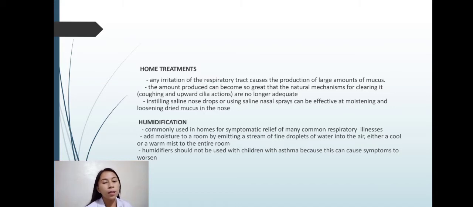And now, the inhalation devices. Different types of inhalation devices can be used to deliver medications to the lower respiratory tract. Nebulizers are mechanical devices that provide a stream of moistened air directly into the respiratory tract.